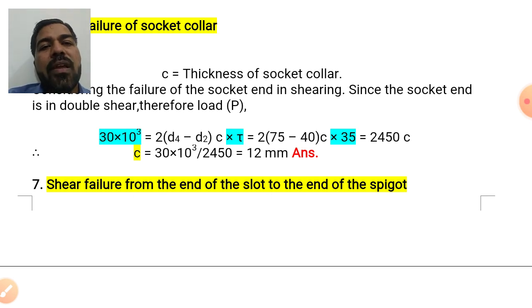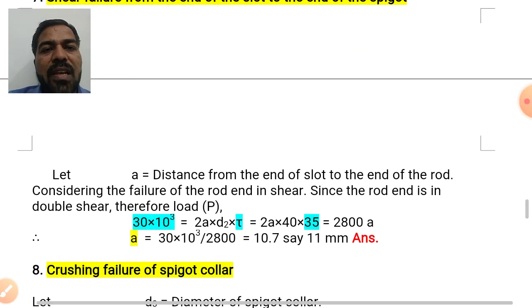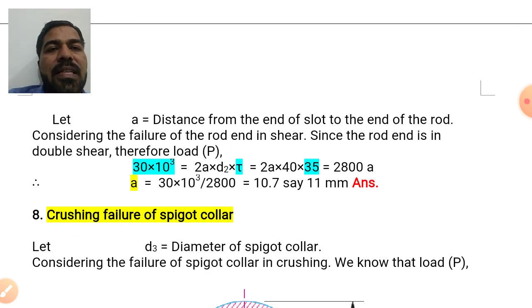Now shear failure from the end of the slot to the end of the spigot. Let us assume A is the distance from the end of the slot to the end of the rod. Consider the failure of rod in shear. Since the rod is in double shear, therefore load P is equal to 30 into 10 the power 3 is equal to 2A into D2 into tau.